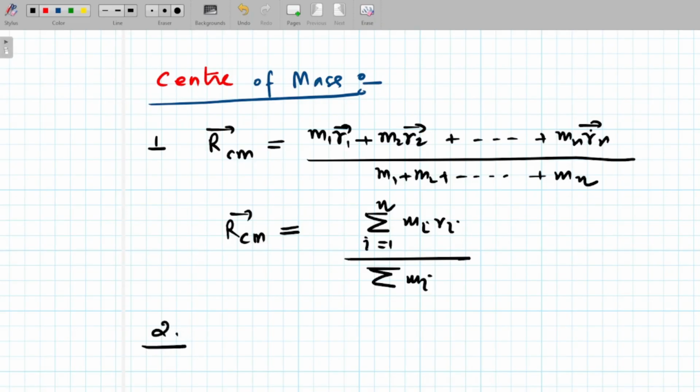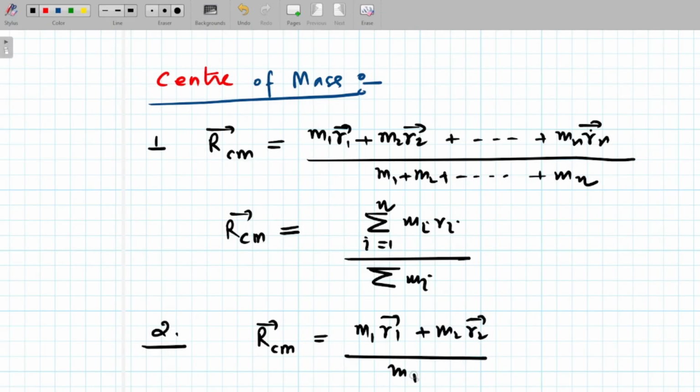The second learning was that RCM, we could have written as M1 R1 plus M2 R2 upon M1 plus M2. This was for a two particle system, right? Remember? We will apply this and see it as well.